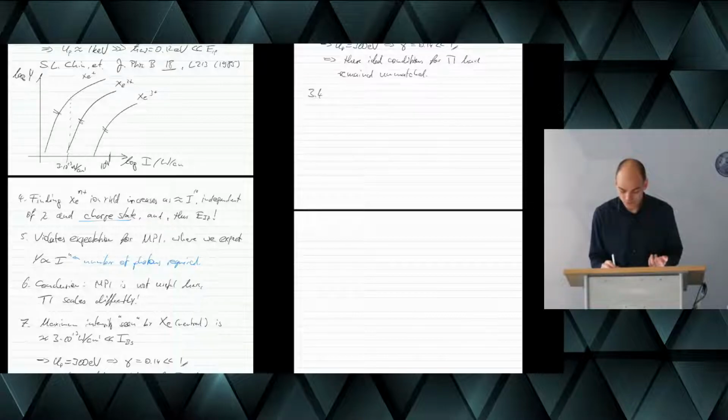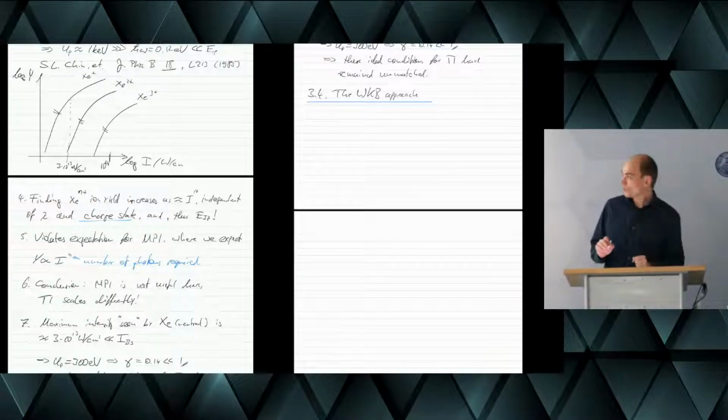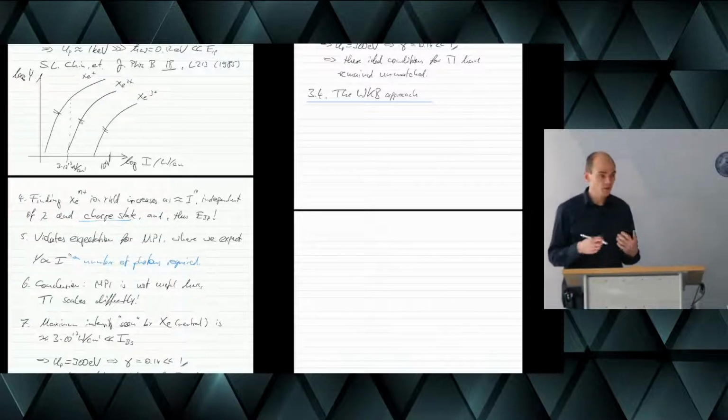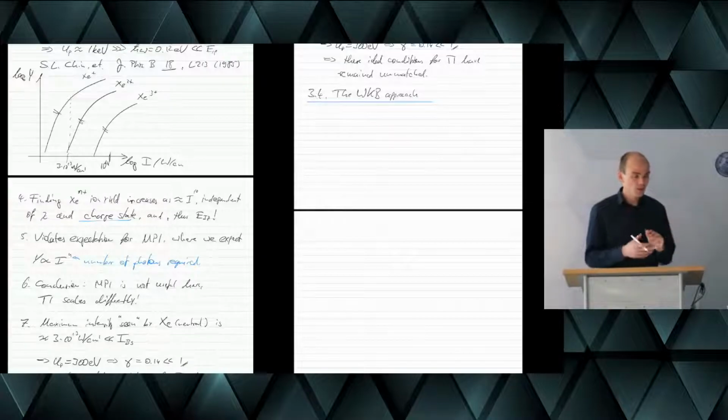So this is the WKB approach. Yes, that's right. We'll actually solve the Schrödinger equation to calculate a tunnel probability. No, here not.